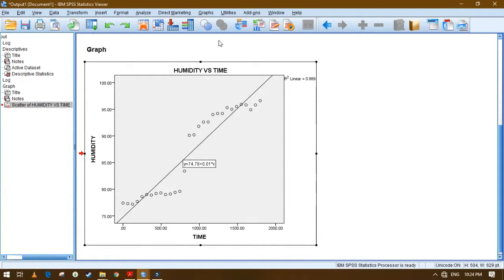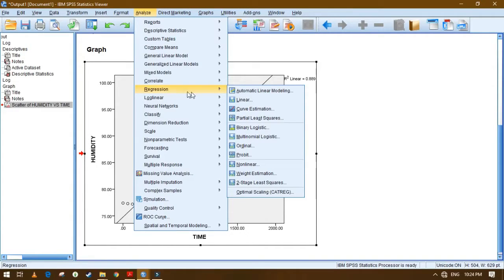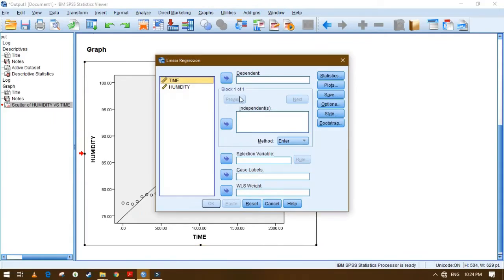To find the simple linear regression model, we also can find it by click on the Analyze button. Go to regression and click linear. Put the dependent and independent data like before. Click statistic.